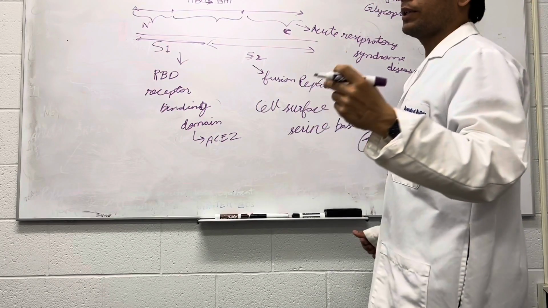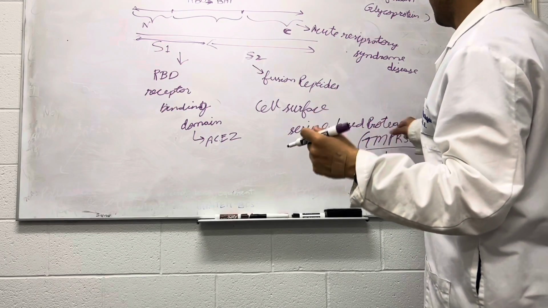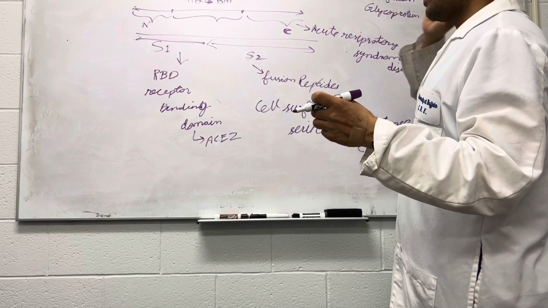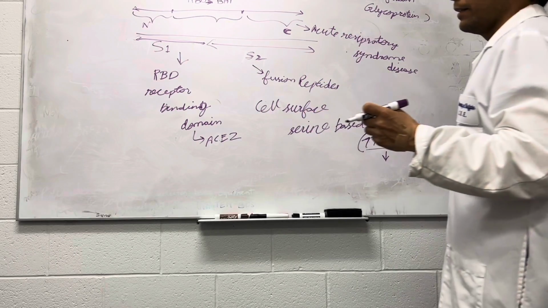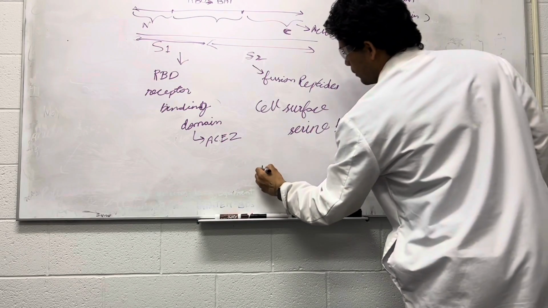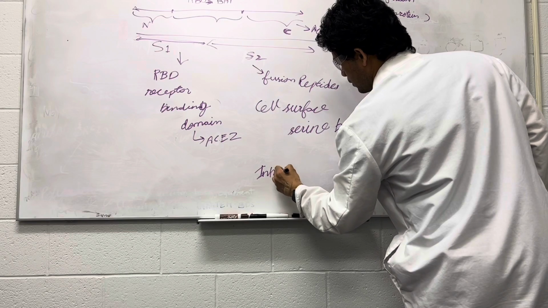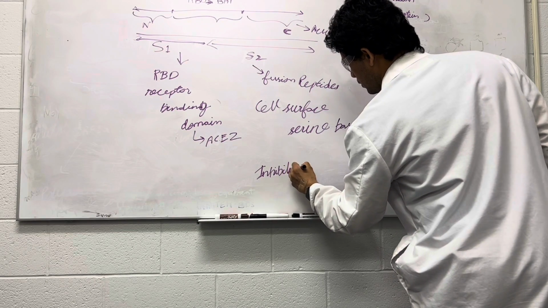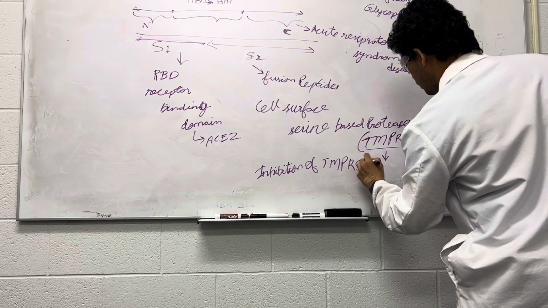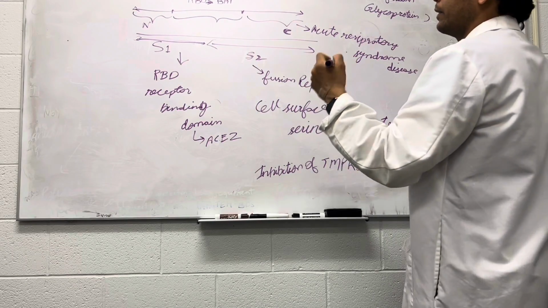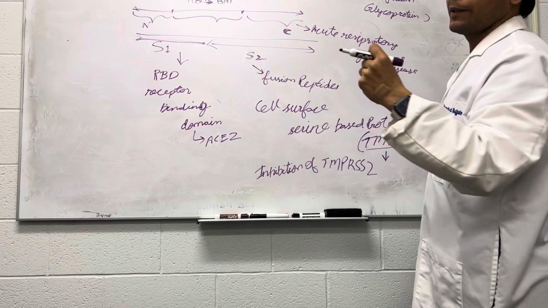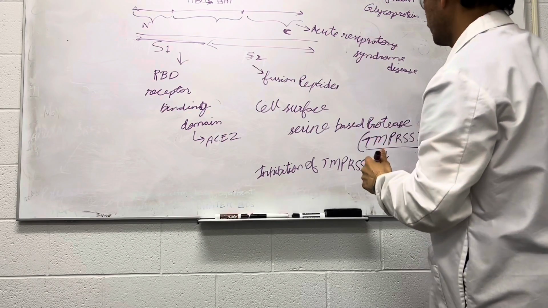There are other proteases also, but TMPRSS2 plays an important role in the transfection of the virus inside the cell. So inhibition of TMPRSS2 can prevent the infection of the SARS-CoV-2 virus.